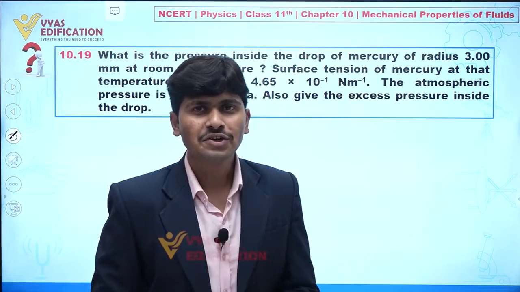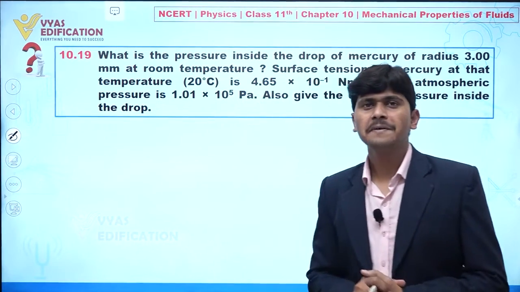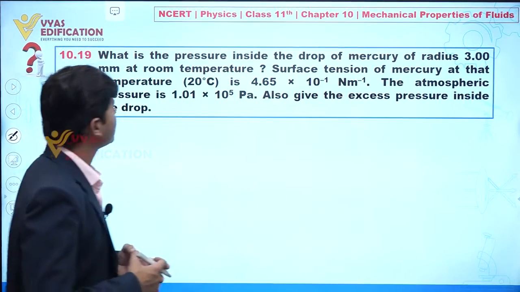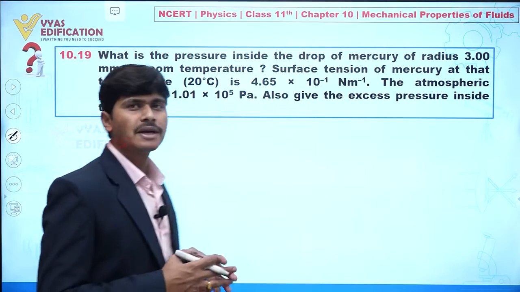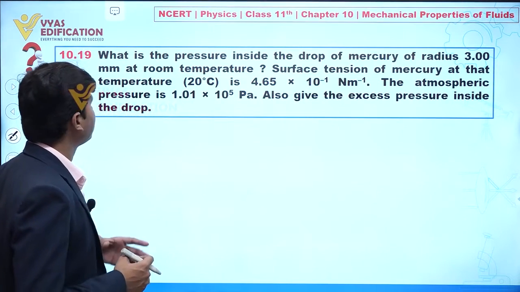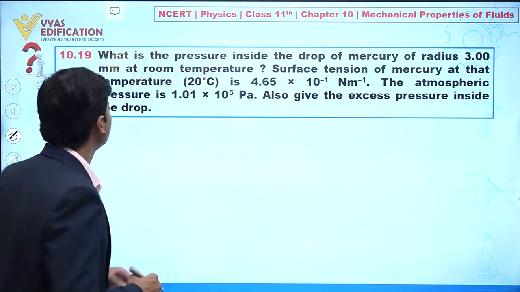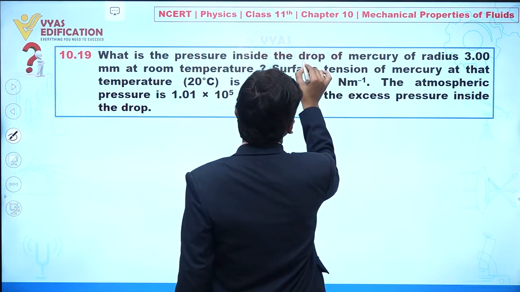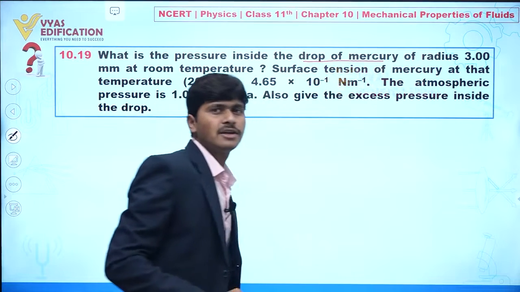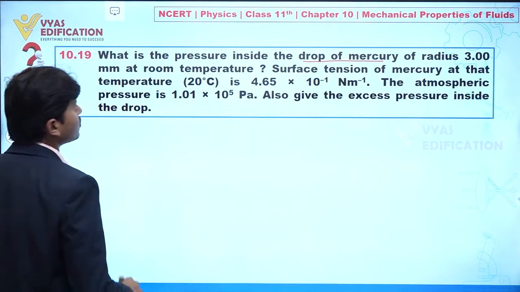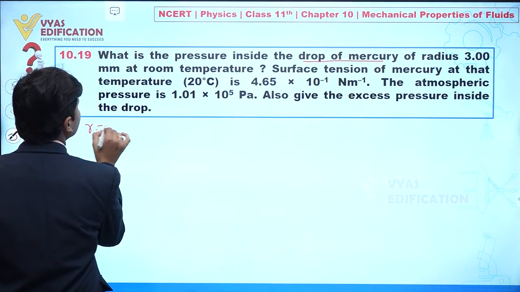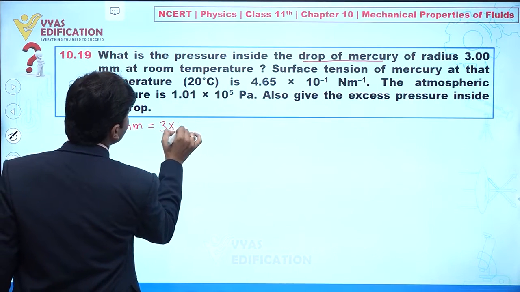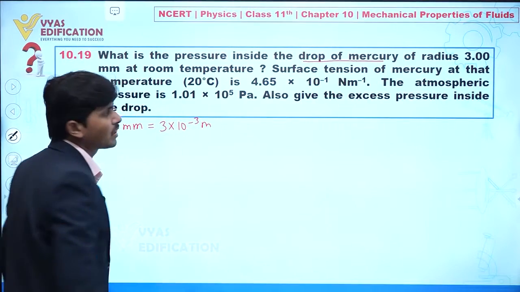So students, we are going to discuss question number 10.19, and in this question it is given: what is the pressure inside a drop of mercury of radius 3 mm at room temperature? Clear? So first of all you should know this is a drop of mercury. The radius is given, equal to 3 mm, or 3 into 10 to the power minus 3 meter, at room temperature.